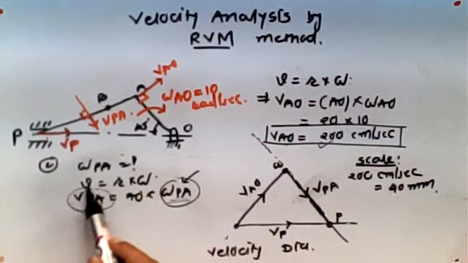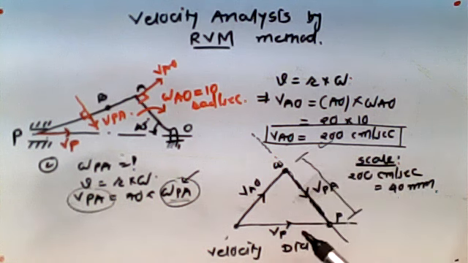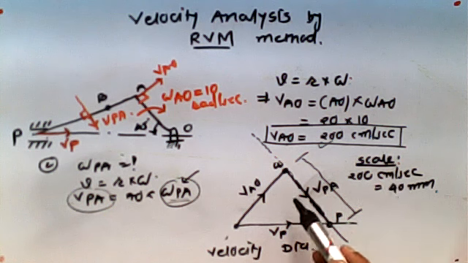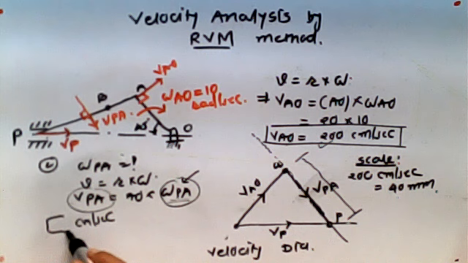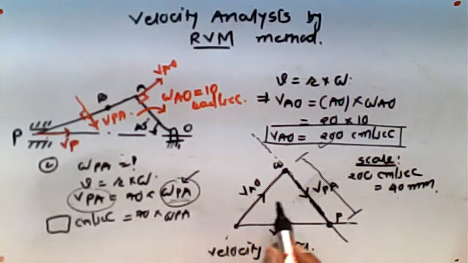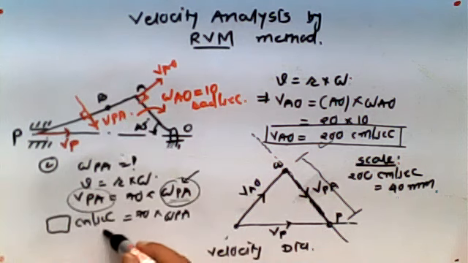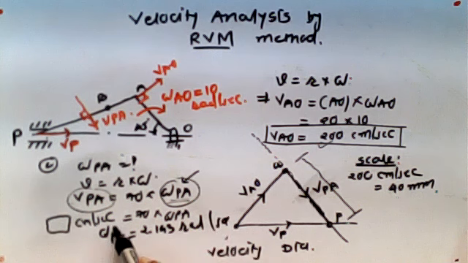Here, the velocity of P with respect to A you can measure with the help of the scale, and depending upon your scale, you can convert that into centimeter per second. After putting your answer in centimeter per second here, you can calculate the angular velocity of this particular link, and you will get around 2.143 radian per second. So this is your second answer.